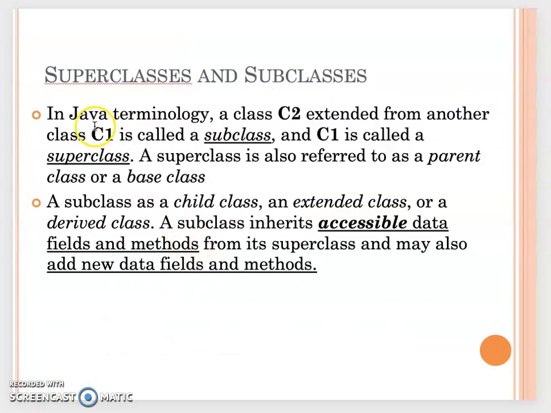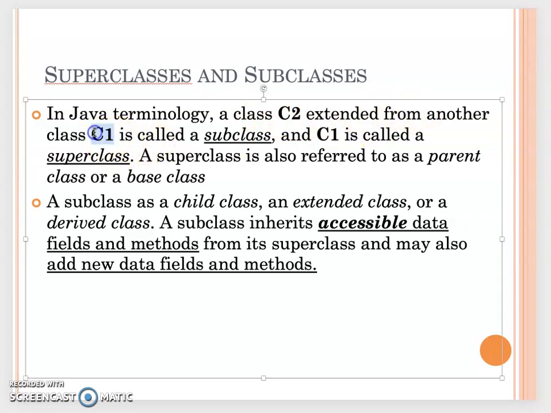In Java terminology, when we talk about the inheritance relationship, we say, for example, C2 extends another class C1. Now you know C1 is the earlier, existing class, and C2 is the new class. In this way, we say C2 extends C1.